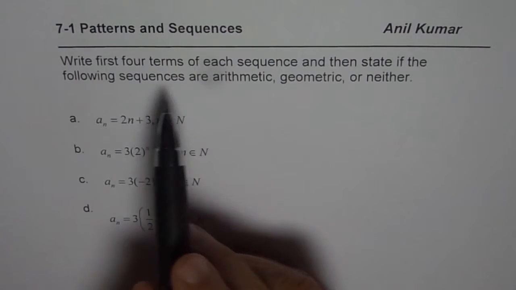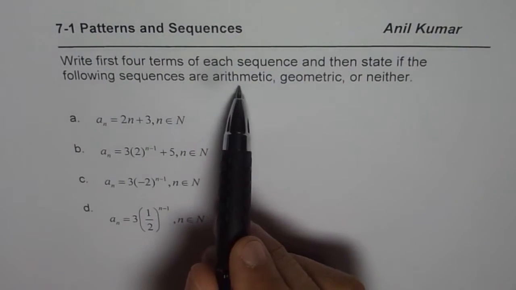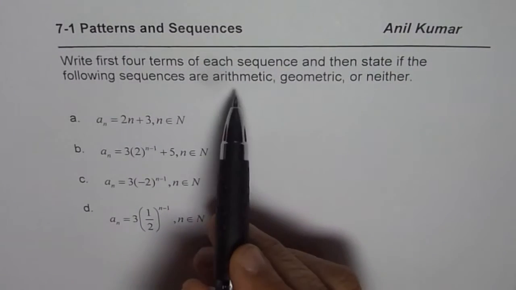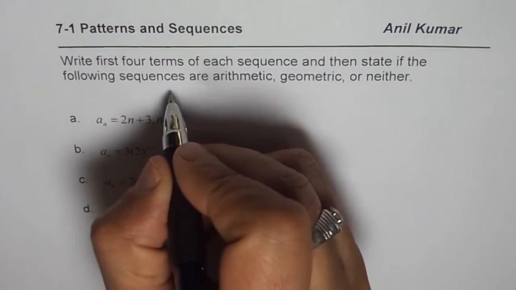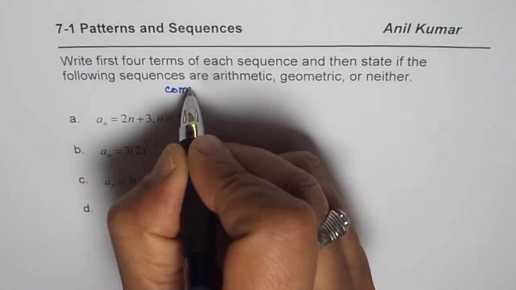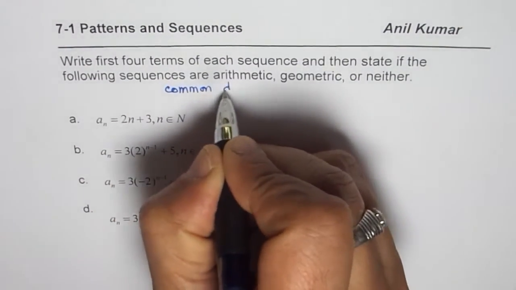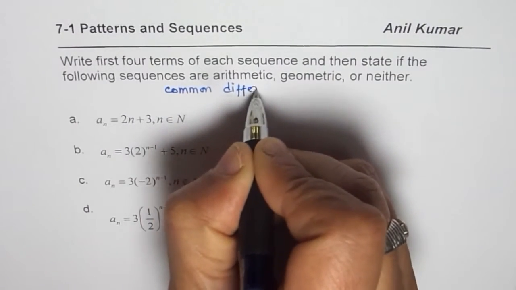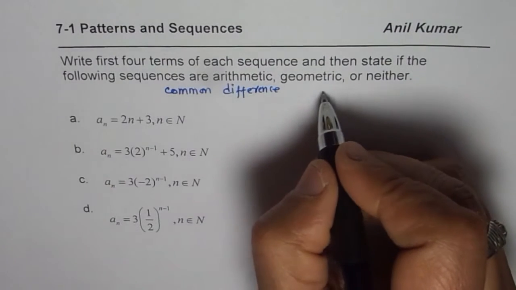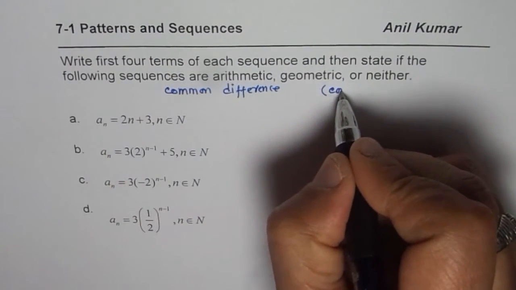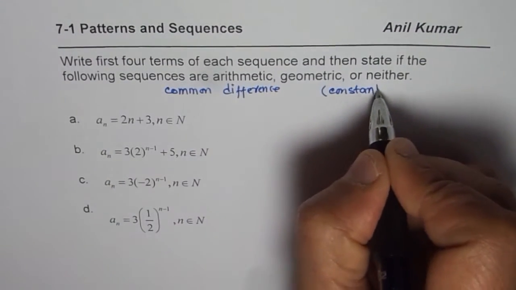Now, when we say whether the sequences are arithmetic, geometric, or neither, what are we looking for? For arithmetic, we are looking for a common difference, right? That is for arithmetic, and for geometric, we are looking for a constant ratio.